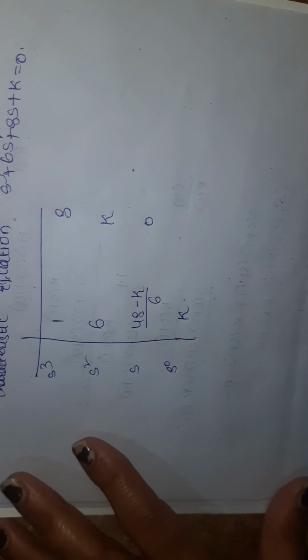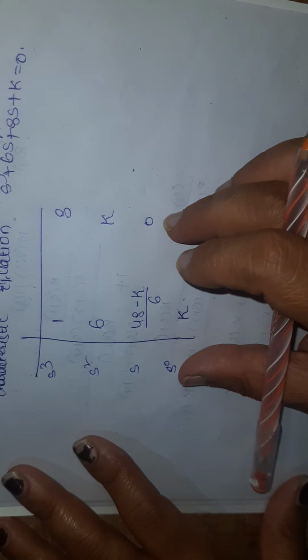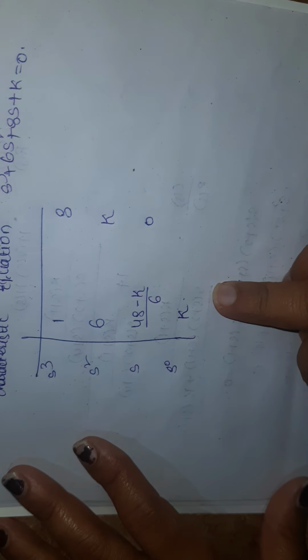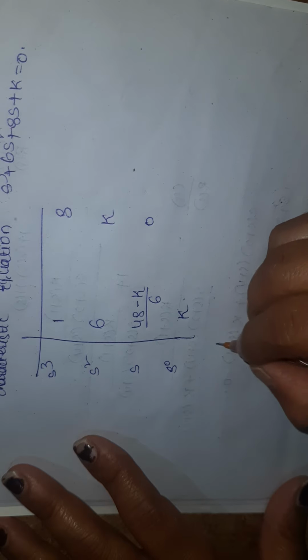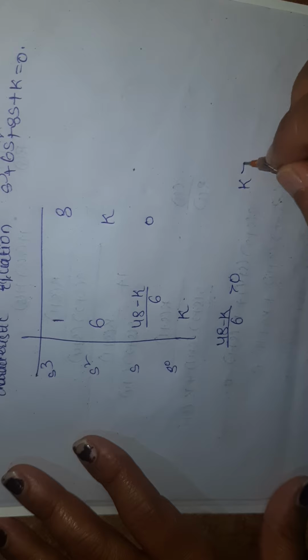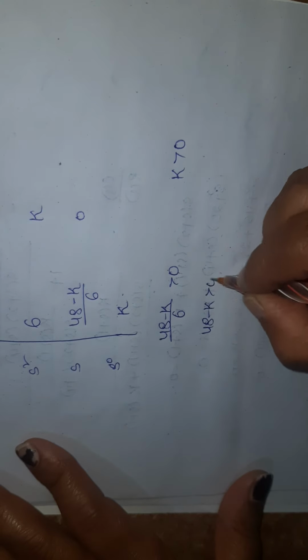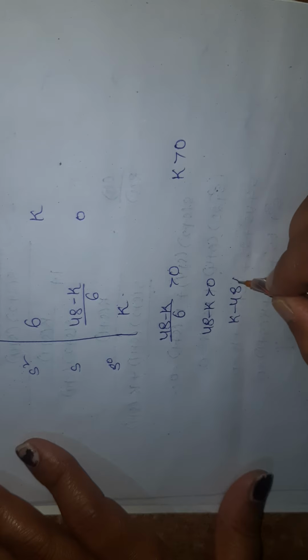For the system to be stable, the first column of the RH table should be greater than 0. So (48 minus k) divided by 6 greater than 0 and k greater than 0. So 48 minus k greater than 0, k less than 48, and k greater than 0.